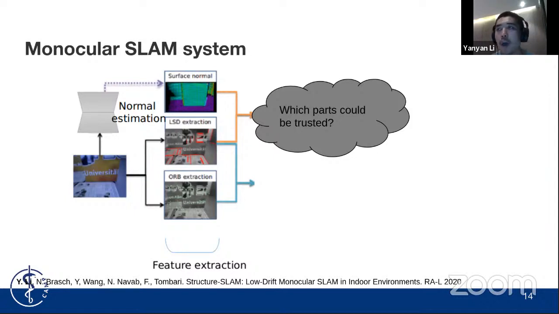If we use all of them, maybe our useful features will be overwhelmed by the noise. This is the most important thing in those joint systems. We need to find a method to remove noise and keep accurate information in our system.